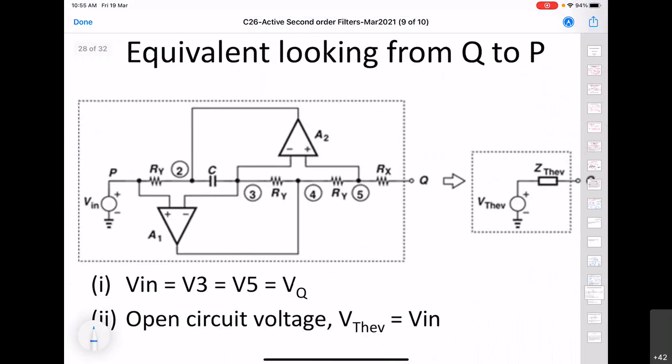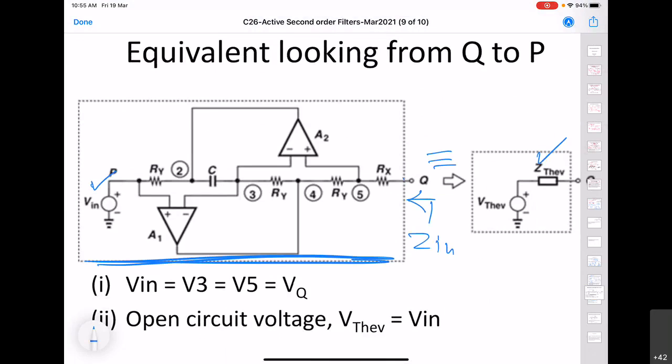So our objective now is to find out what is the impedance looking into this circuit from node Q, where it is being driven by an external input. So we have to now find out the equivalent Thevenin model of this complete setup.